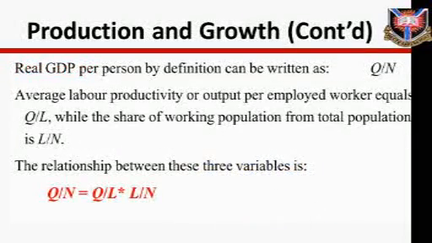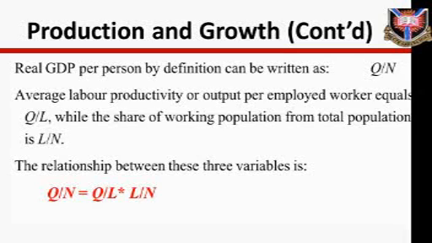Real GDP per person by definition can be written as Q over N. Average labor productivity, or output per person employed, equals Q over L, while the share of working population from total population is L over N. The relationship between these three variables is Q over N equals Q over L times L over N.